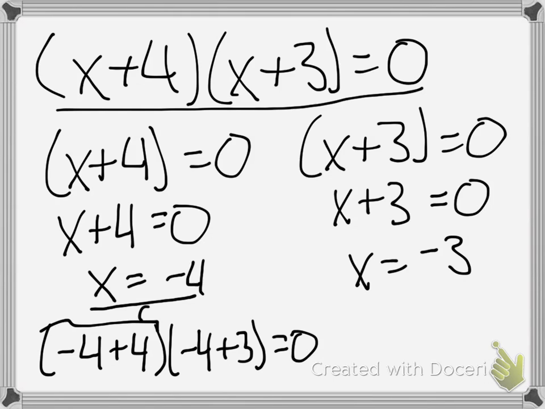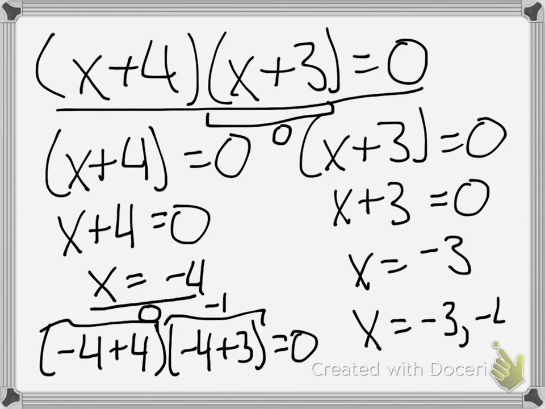Negative 4 plus 4, that's 0. Negative 4 plus 3 is negative 1. 0 times negative 1 is 0. So I'm good. The same thing happens when I plug in negative 3. Negative 3 plus 3 is 0. So my equation is true. So x is equal to negative 3 or negative 4. I have solved my quadratic equation.